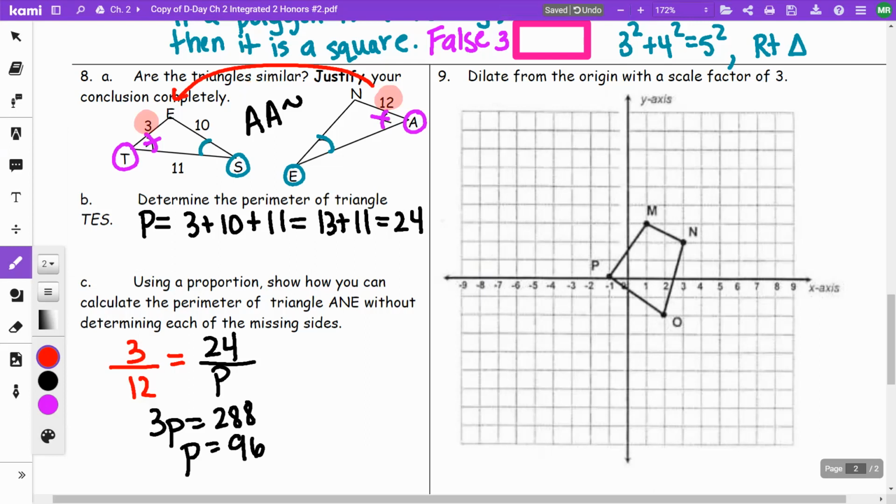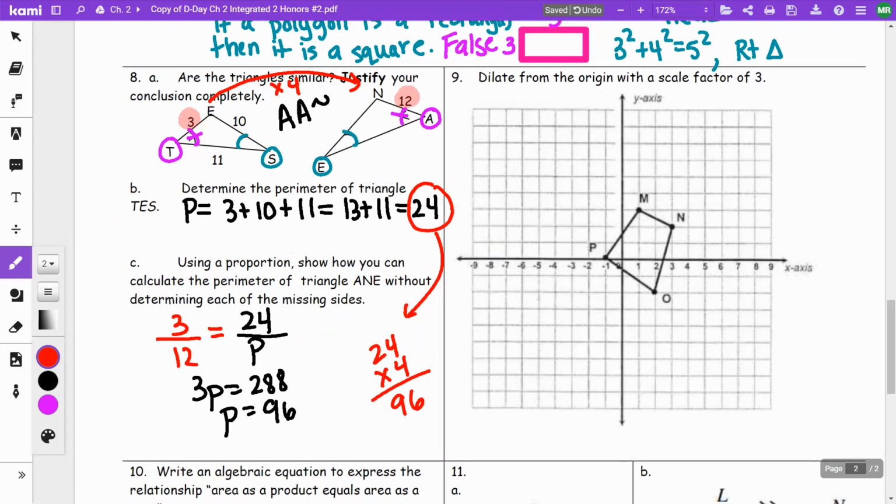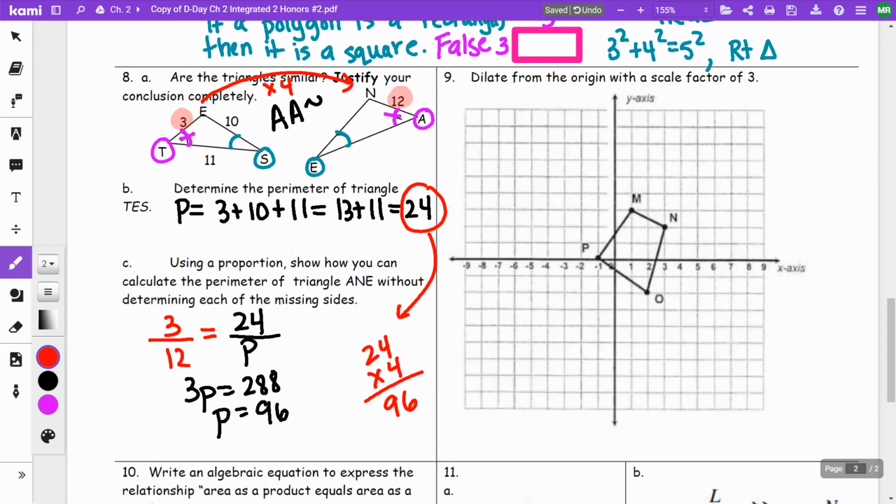So I want to go from the smaller to the bigger. So here I was multiplying by 4. So if I take this perimeter and I times it by 4, I also get that same 96. But they wanted proportions. On 9, I'm going to dilate this with a scale factor of 3 from the origin.